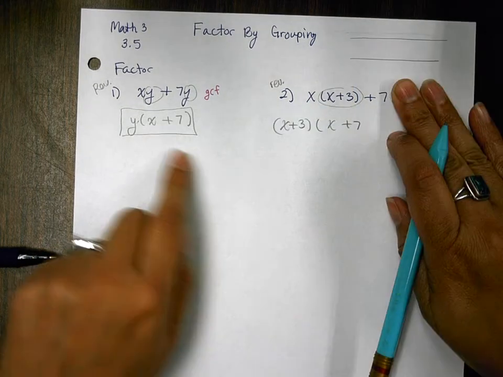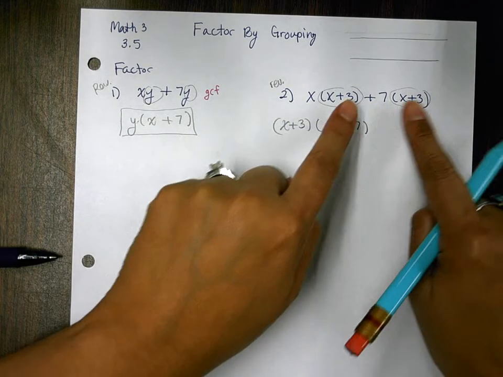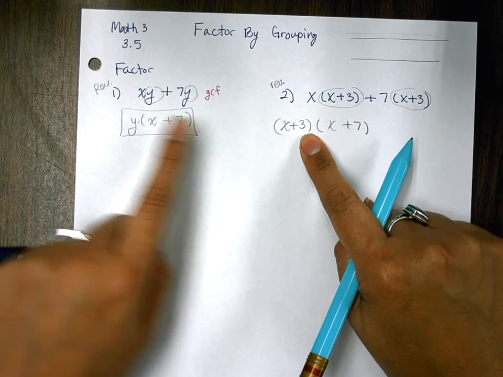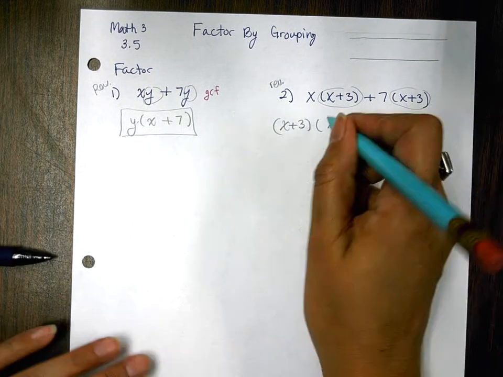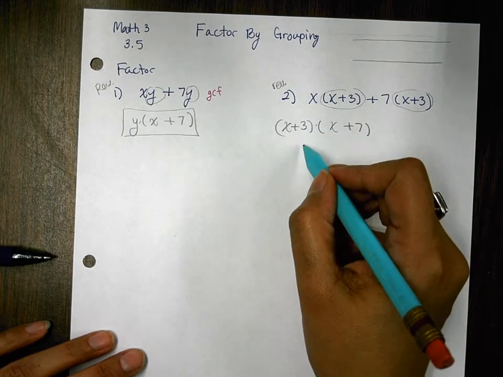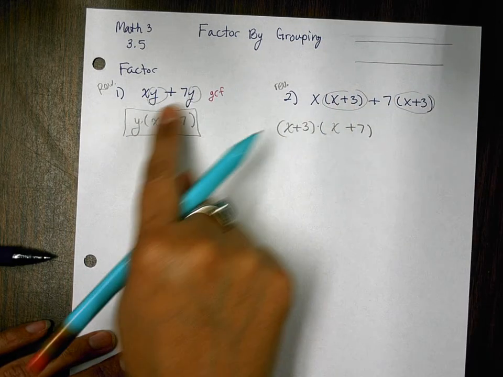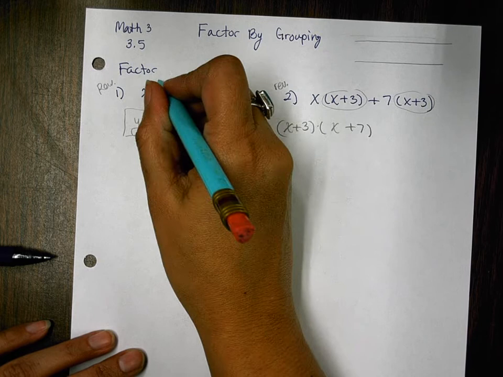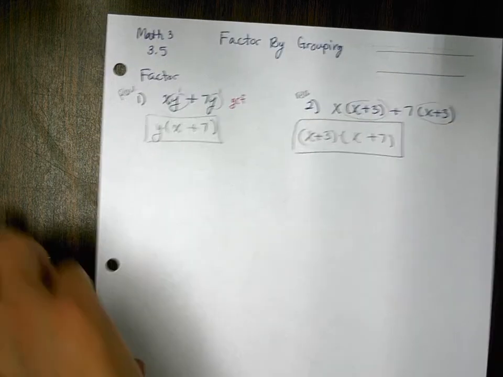Just like the x plus 7 was left over there, x plus 7 is left over here. Only thing is the chunky piece that came out was not a single little piece. It was a chunky piece of x plus 3 times. And it's not x plus 3 squared. Kids will often say, well, there's two of them, it's squared. No. Just like there was two y's, we only took out a y because they were both raised to the first power. That there is your answer.